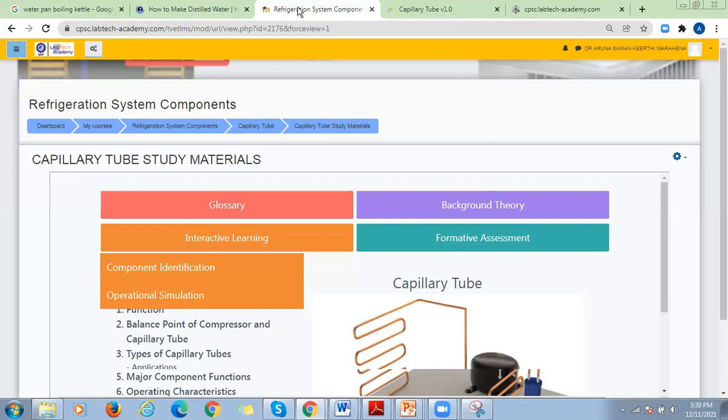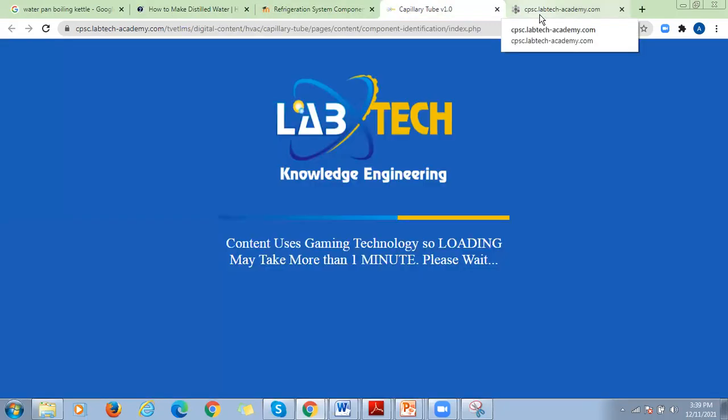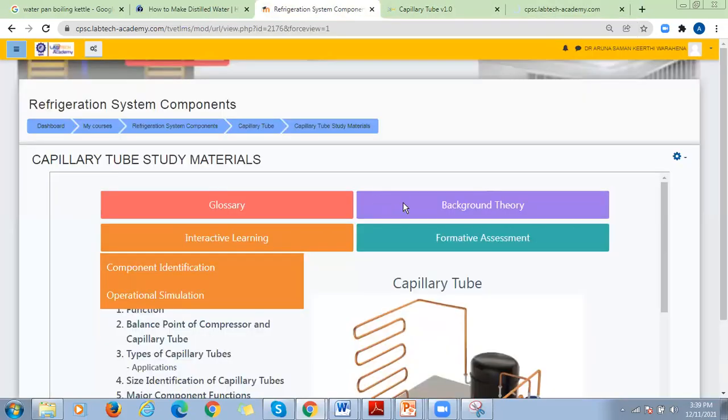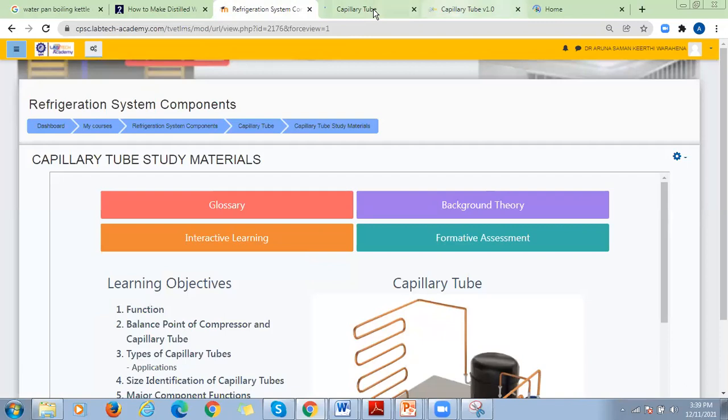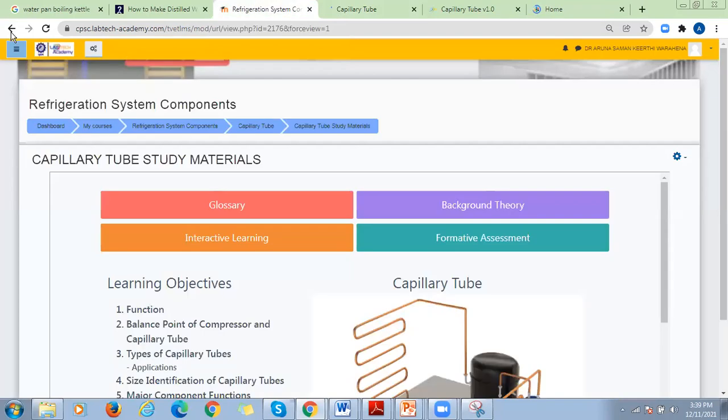It's loading very slow today. Even background theories, everything is here.